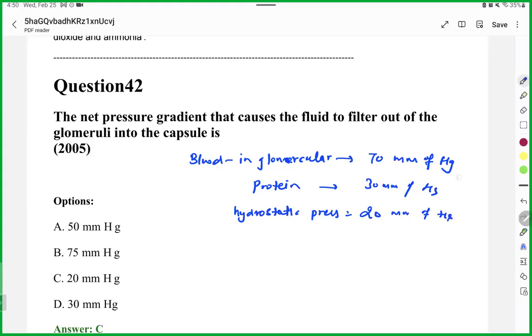So 70 is positive and 30 and 20 are negative. They are stopping the movement. What is the net? Net 20 mm of Hg is responsible for filtration. Any doubt? No, sir, got it.